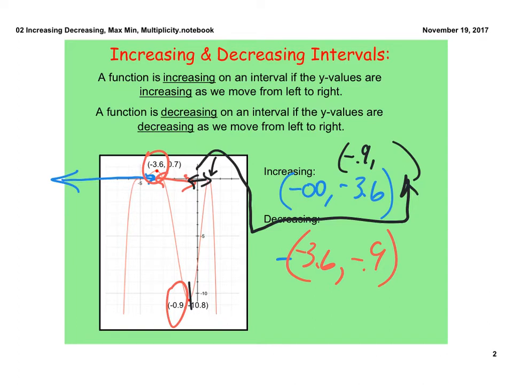It looks like 1 to me, so I'm going to say 1. And last but not least is the decreasing interval. I'll make that yellow. The decreasing interval from here on forever. And that's from 1 to infinity. That's increasing and decreasing intervals.